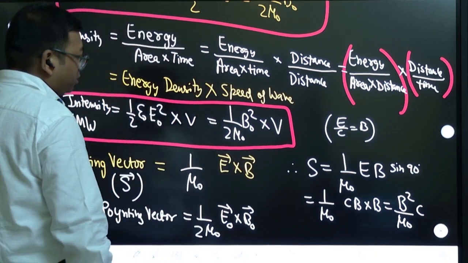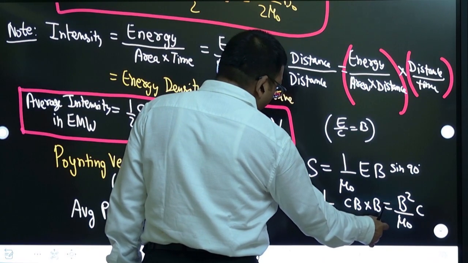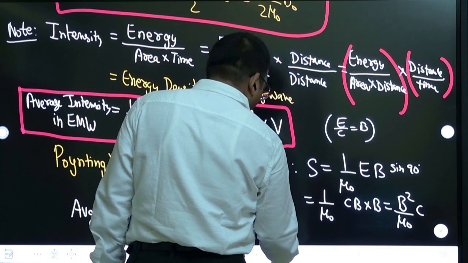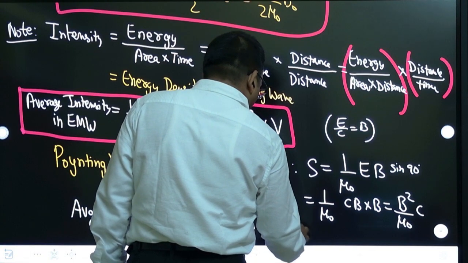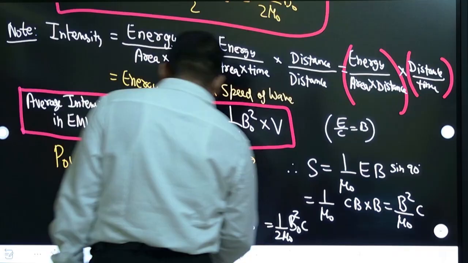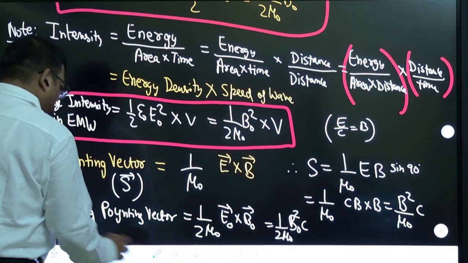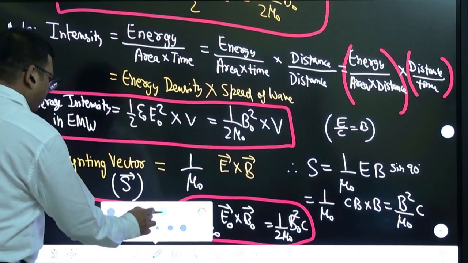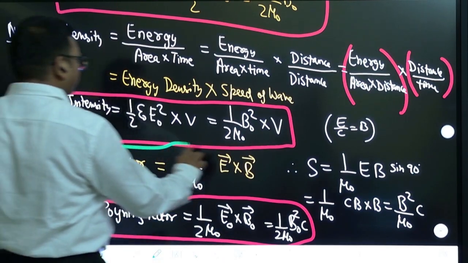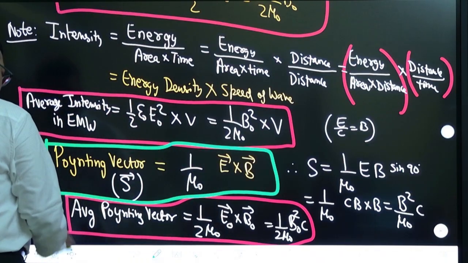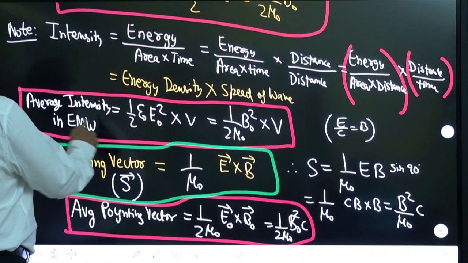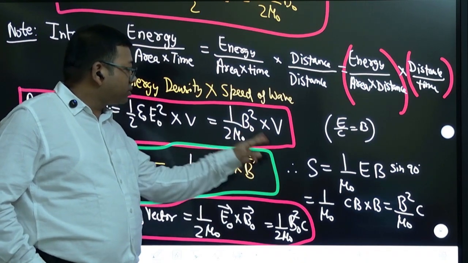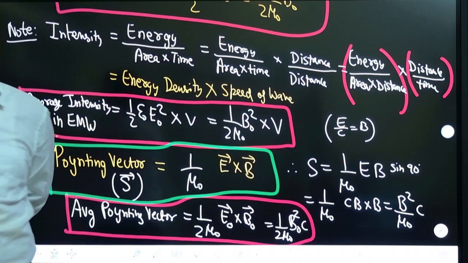Now here, if I take half, its magnitude will come as 1 by 2 mu naught E naught square into C. Check this out. If I don't take average, then this is the Poynting vector. But the Poynting vector is the same thing we are getting here, average intensity. You can clearly see here half mu naught E naught square into C, where C is the speed of electromagnetic waves.